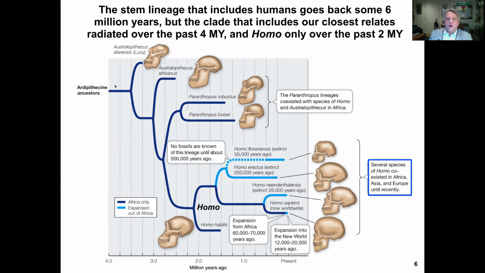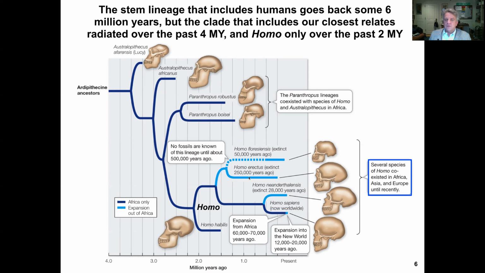However, most of our closest relatives have radiated in a period of about the past 4 million years. And the clade that includes all of the lineages that are classified as Homo have diversified over the past 2 million years.